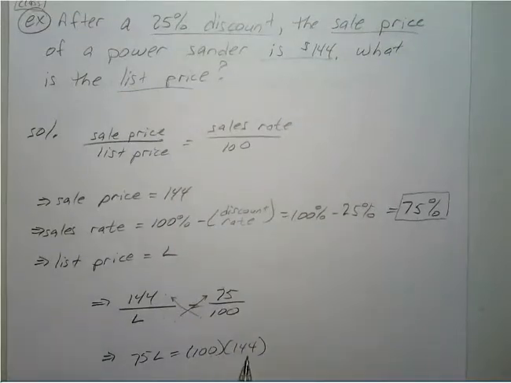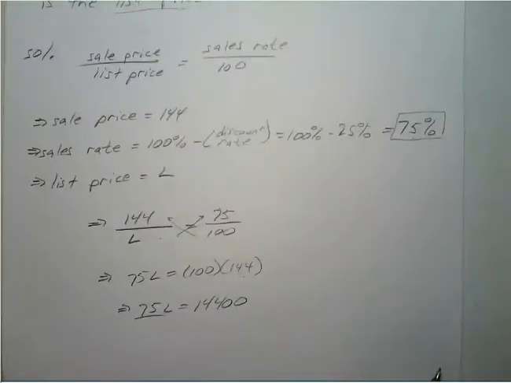Okay, 100 times 144 is 14,400. So you have 75L equals 14,400. Divide both sides by 75. Anything divided by itself is just 1.